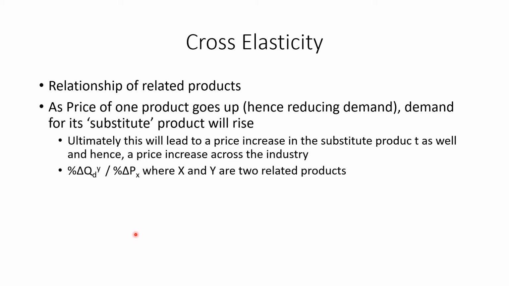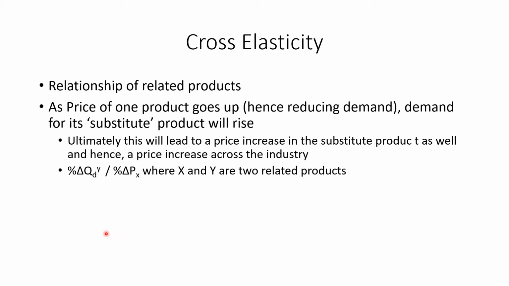So, for example, let's just think through this for a minute. Product X changes. Let's say product X increases in price, which means the demand for X is going to go down. If the demand for Y goes up, that means they're substitute products, right? From our definition of substitute products that we dealt with earlier, if the price of X goes down, and the quantity demanded of X goes up, then the quantity demanded of Y will drop. That's a substitute product.